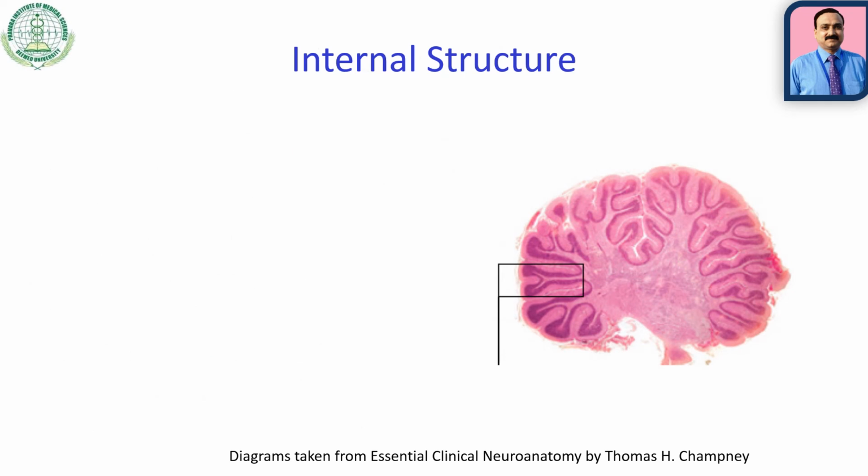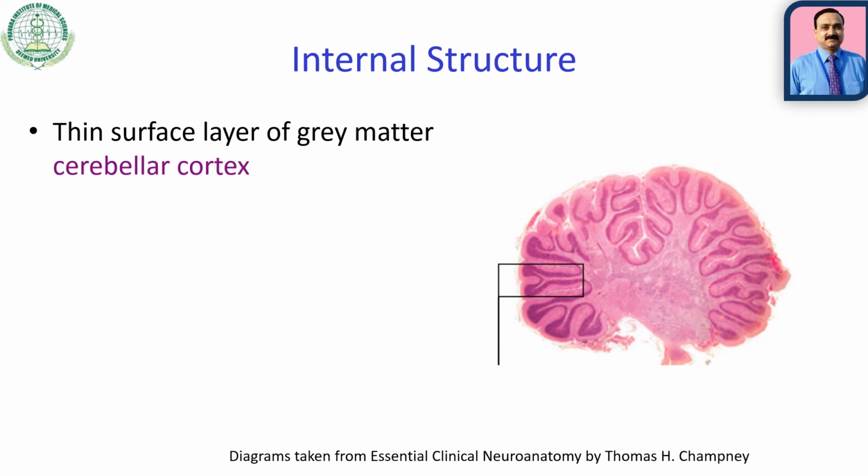Now coming to the internal structure. The thin surface of the cerebellum is made up of gray matter. It is called the cerebellar cortex. So you can see this outer part is the cerebellar cortex.